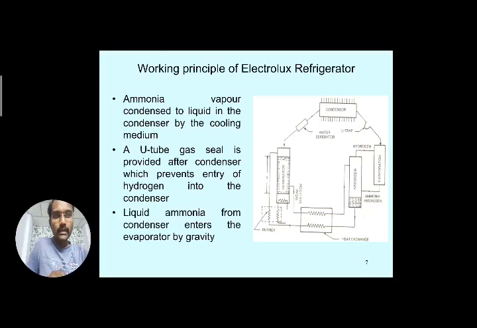The principle they are using is that the liquid ammonia coming from the condenser flows just by gravity. The liquid ammonia from the condenser directly enters the evaporator through the U tube just by gravity. Remember that it comes downwards and enters the evaporator component.